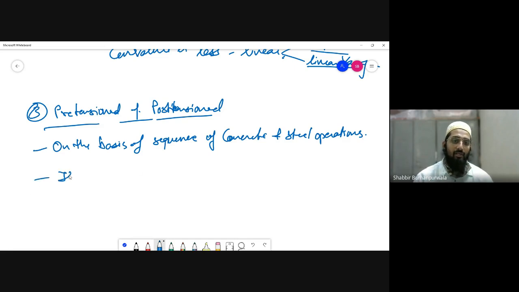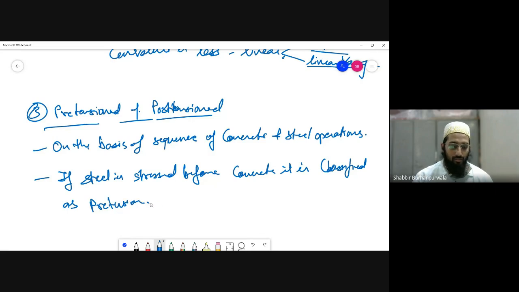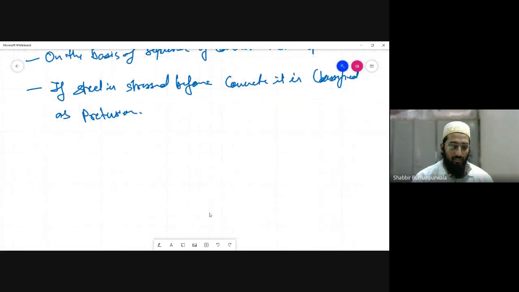Similarly, another statement is there: if steel is stressed before concrete, it is classified as pre-tensioning. ओके. सो ये सब चीज़ को बनाने के बहुत सारे इंटरेस्टिंग तरीके हैं, अलग अलग तरीके की चीज़ें हैं.